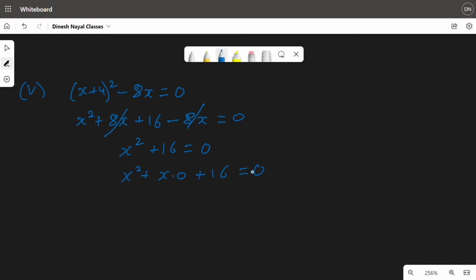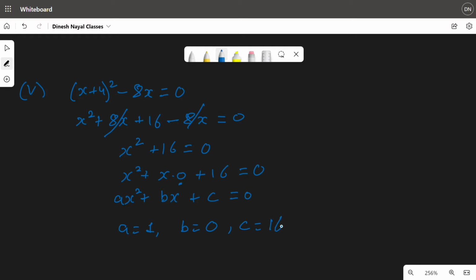On comparing with ax square plus bx plus c equals 0, we get a as 1, b equals 0 and c as 16.